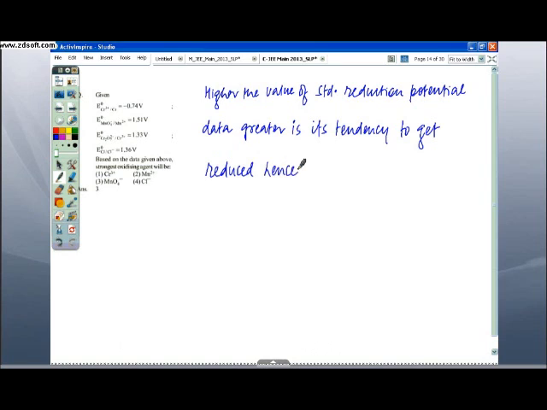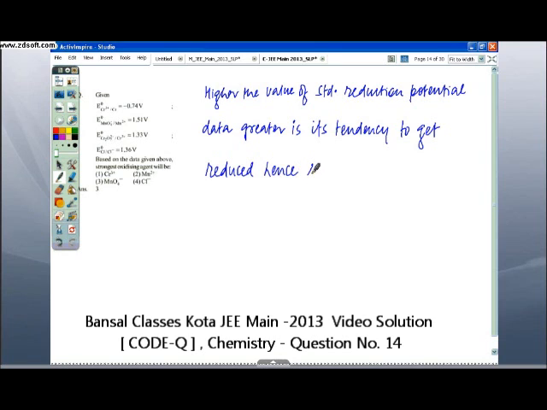Hence, that substance will be a better oxidizing agent.